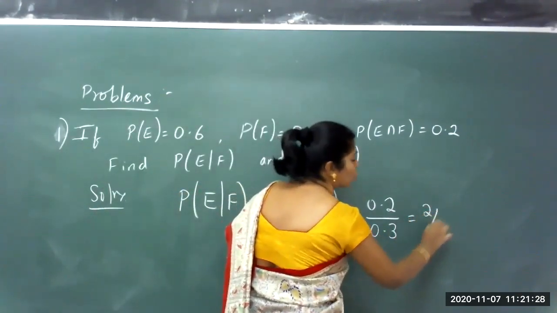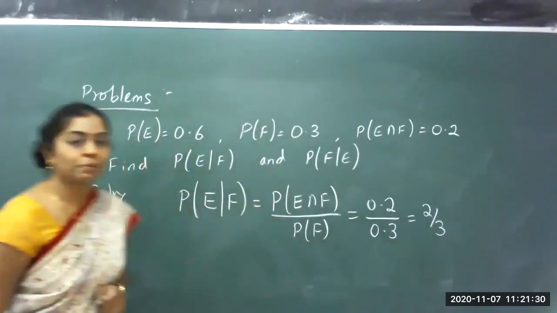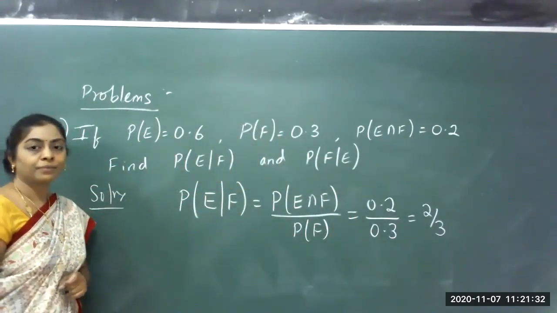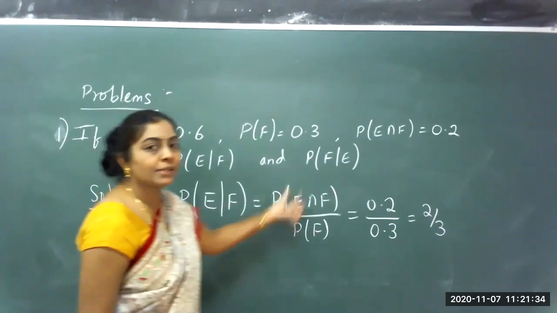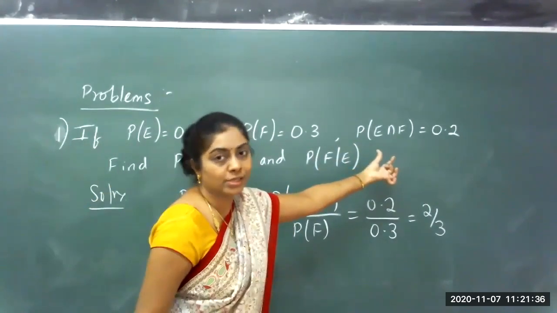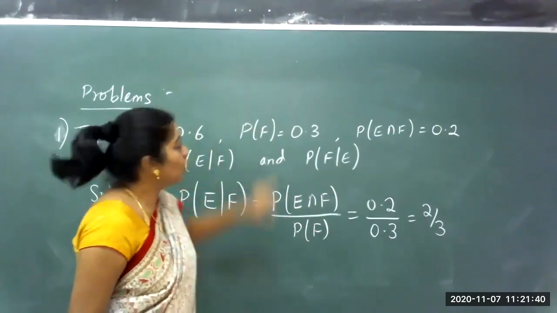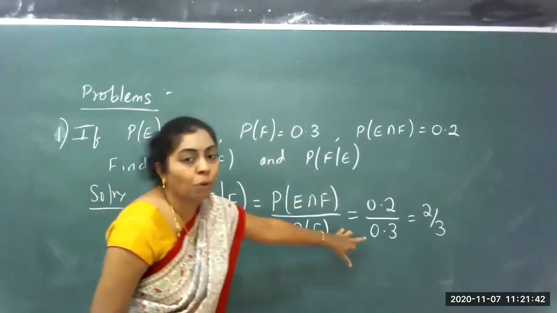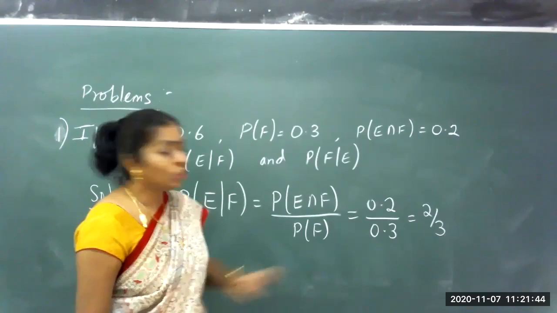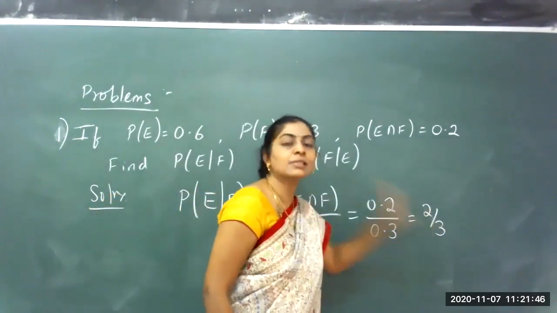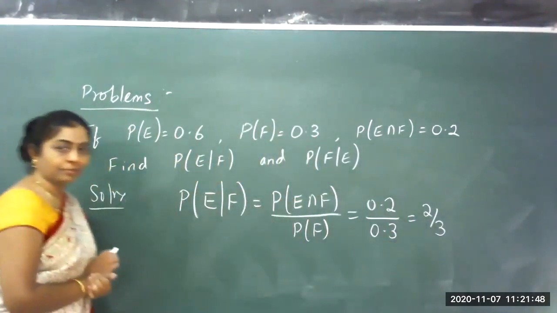We have been given the values. Substituting, E intersection F is 0.2 divided by F, which is 0.3. Cancelling the decimal places, I get 2 by 3.